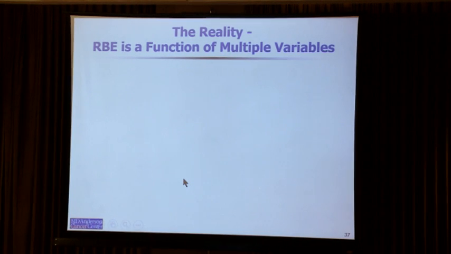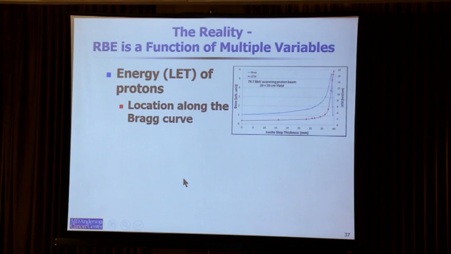The reality is that RBE is a very complex function. It's a variable function of proton energy, in other words, linear energy transfer. And LET rises rapidly, but RBE rises even more rapidly than LET does. It is a function of dose per fraction.